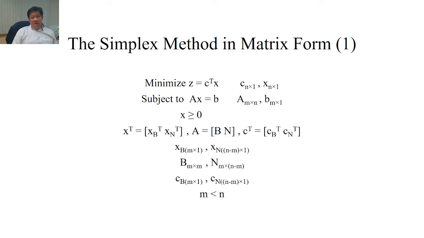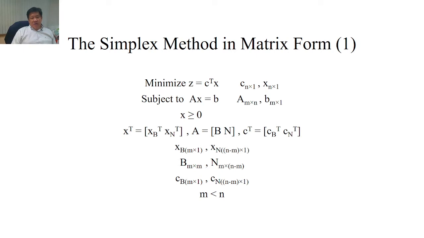In terms of linear algebra, this extreme point can be expressed by separating the vector x. Now we write this as x transpose with two types of variable. The first one we call the basic variable, x sub B, and x sub N is the remaining non-basic variable.